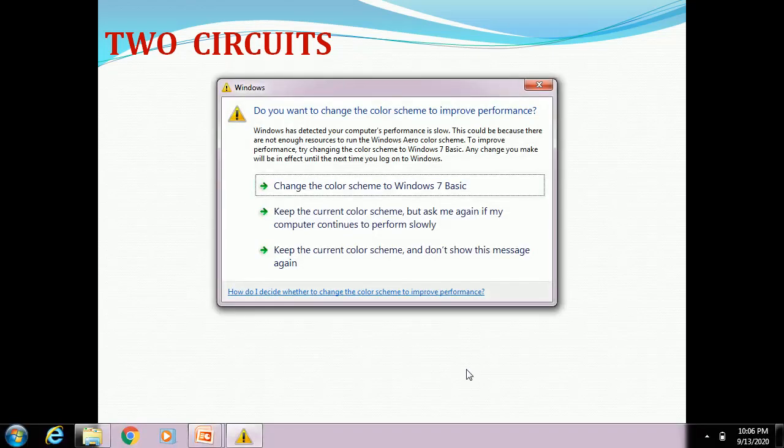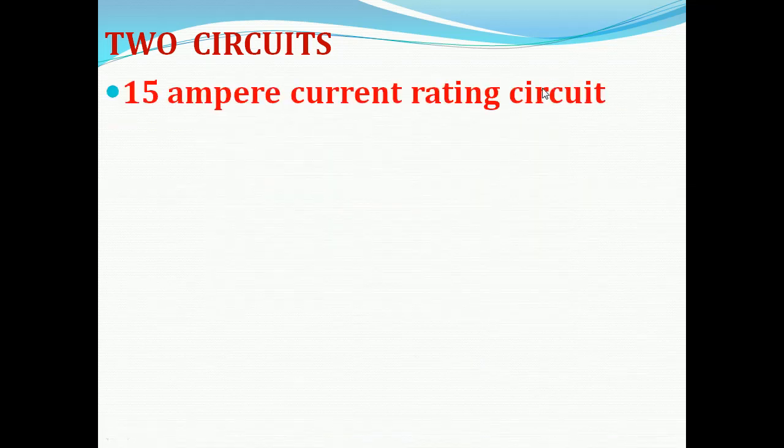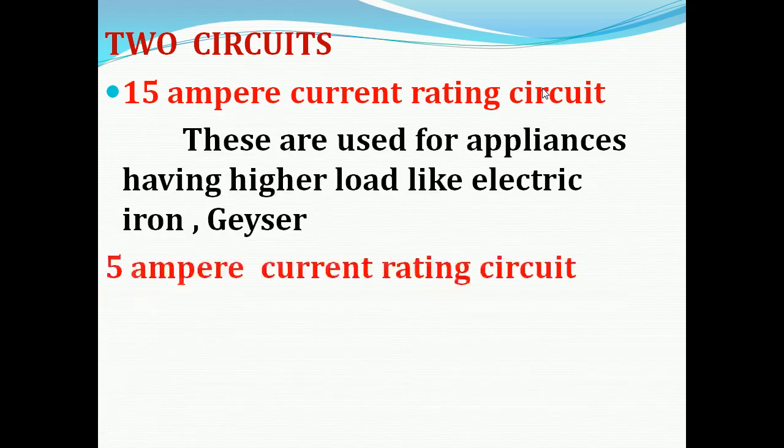Now commonly we use 2 circuits for domestic purposes. They are the 15 ampere current rating circuit and the 5 ampere current rating circuit.